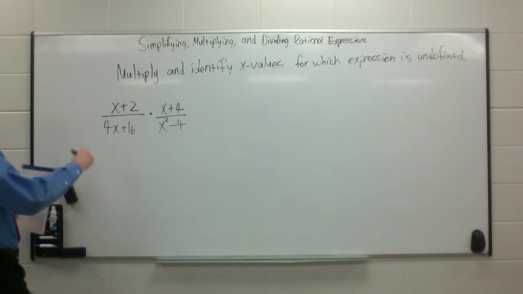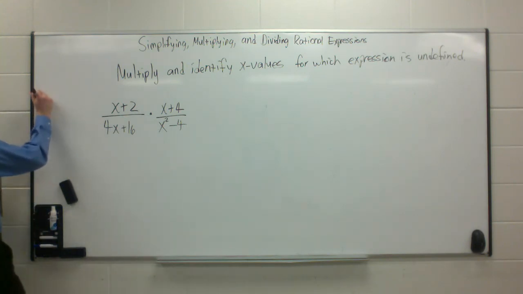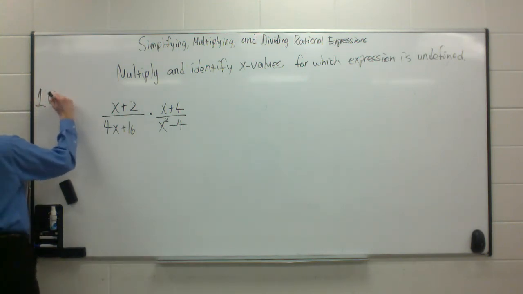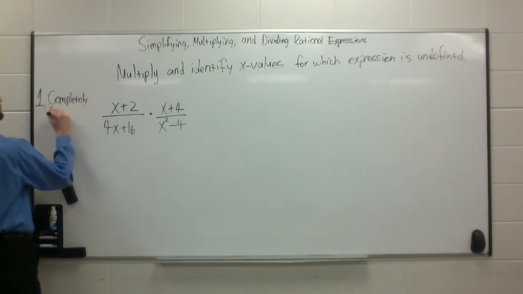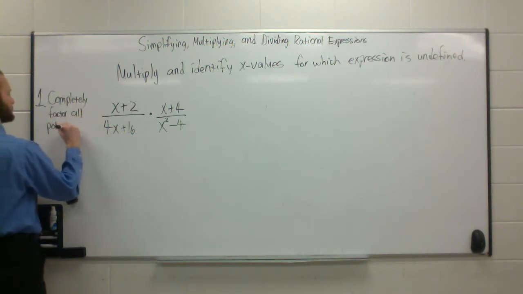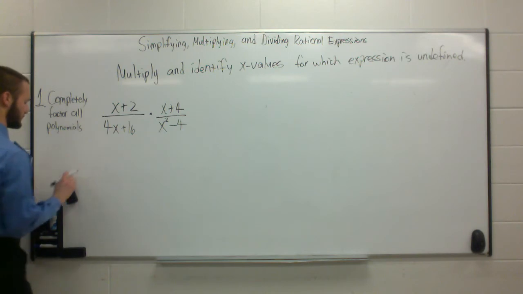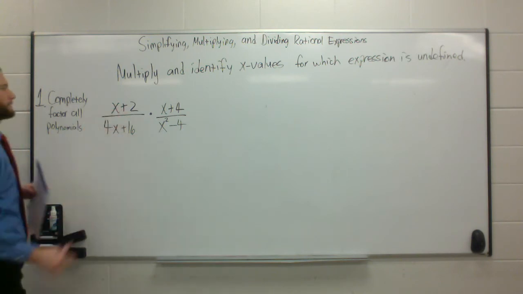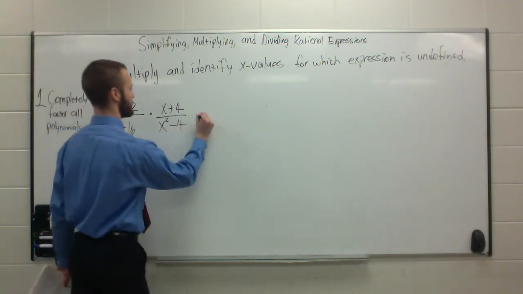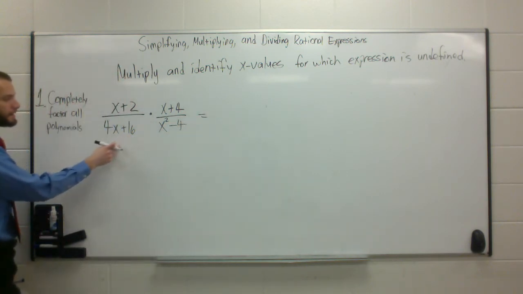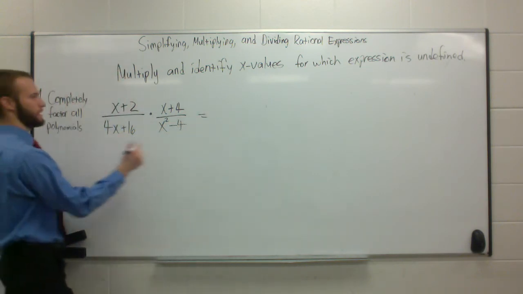So the first step anytime you're dealing with something like this is to completely factor. So we want to completely factor each of these. X plus 2, there's nothing we can do with that. But 4x plus 16, we notice these are both divisible by 4.